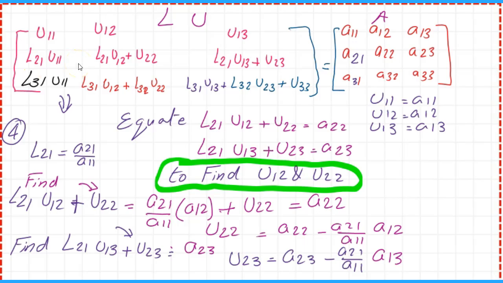We come to the second row, second column. We have L21 multiplied by U12 plus U22, and the second row, second column for matrix A is nothing but A22.